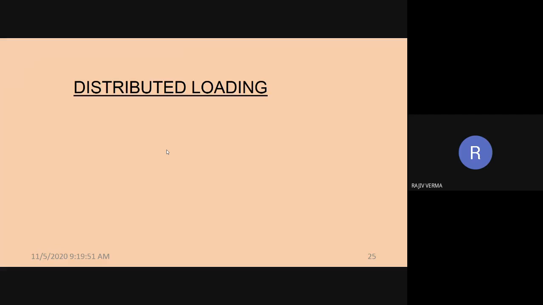So this is the topic which we are going to discuss today. In fact, we are going to use the SOM theory for transferring the distributed load acting over the domain of the beam to equivalent load acting on the nodes.